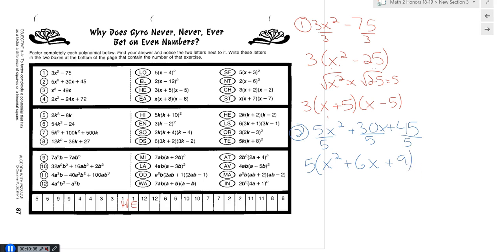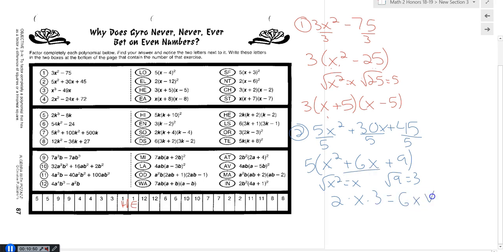Now this is a perfect square trinomial, or we can check to see if it is. So I'm going to do the square root of x squared is x. The square root of 9 is 3. Do our check. 2 times x times 3 equals 6x. That matches. It's positive. Our 5 still has to go on the outside, and we have x plus 3 squared. So we look here, number 2 is SF.